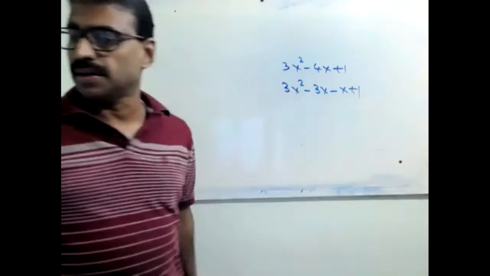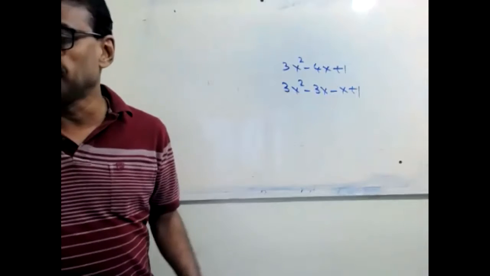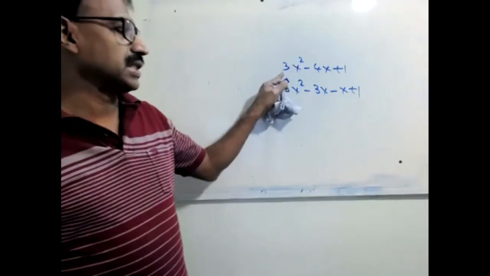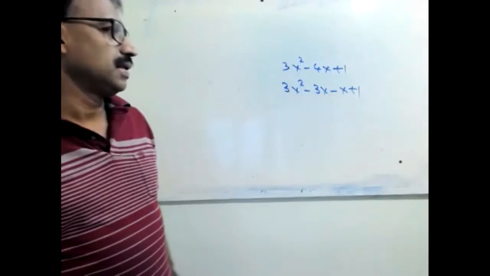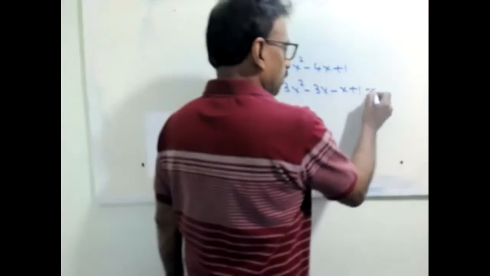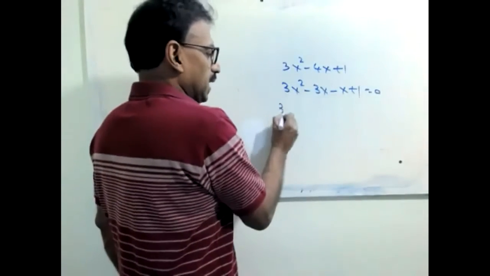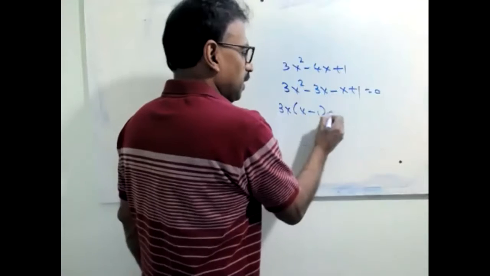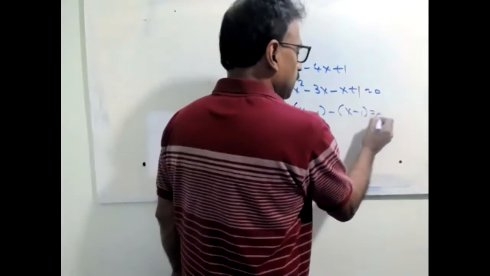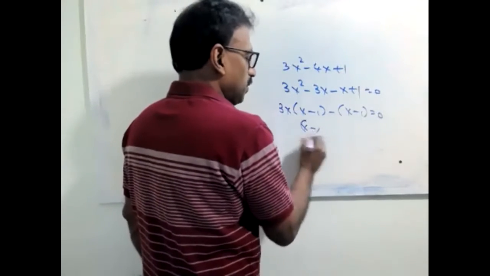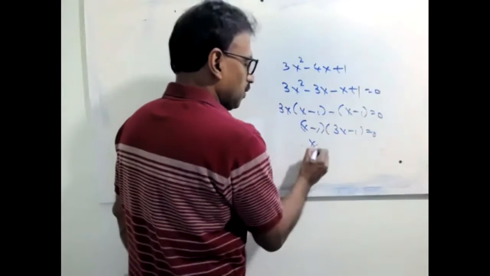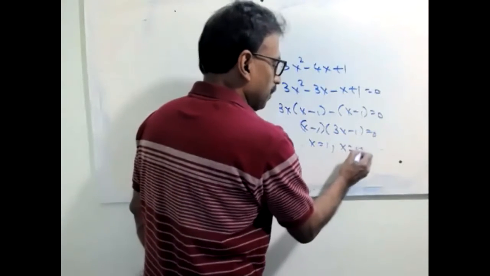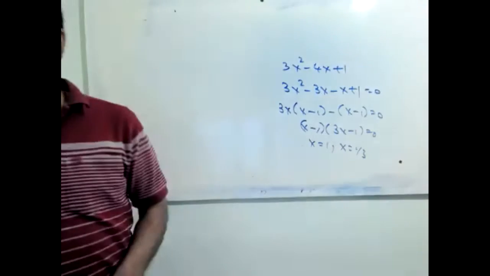That is the easiest way. Equal to 0. That means 3x outside, x minus 1, minus outside, x minus 1 equal to 0. X minus 1 into 3x minus 1 equal to 0. X equal to 1 and x equal to 1 by 3.